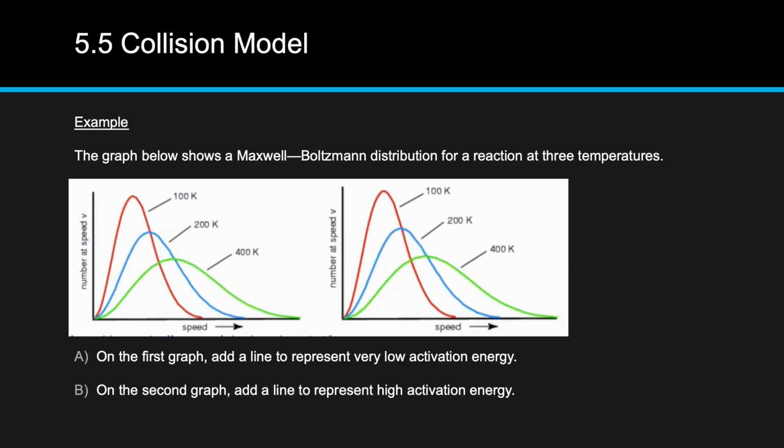As temperature increases to 200 Kelvin and then to 400 Kelvin, the curve spreads out and shifts to the right, which means more particles have a higher energy, and a large portion of the curve would be beyond the activation energy. So a low activation energy line would be drawn further left, so many particles at all temperatures could react, while a high activation energy line is going to be drawn further to the right, meaning only the highest energy particles, especially at high temperatures, would be able to react.